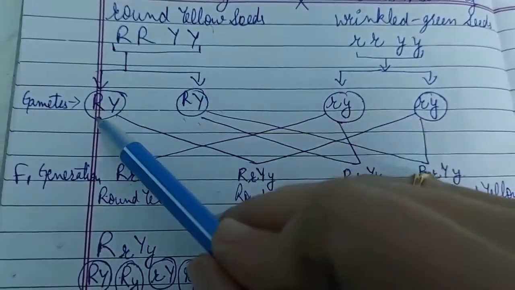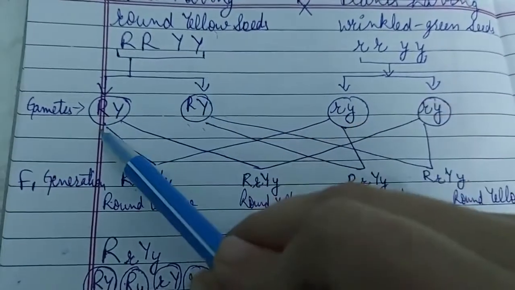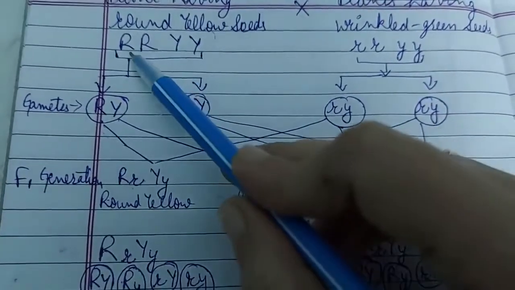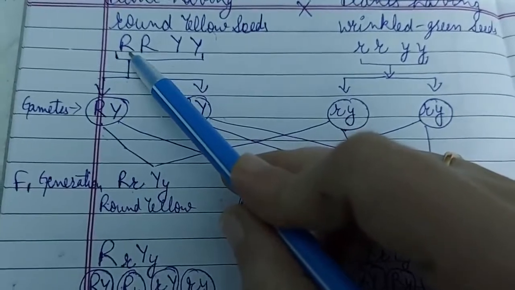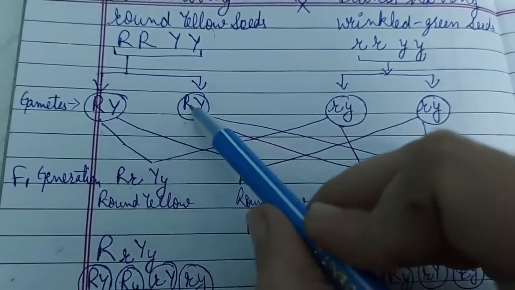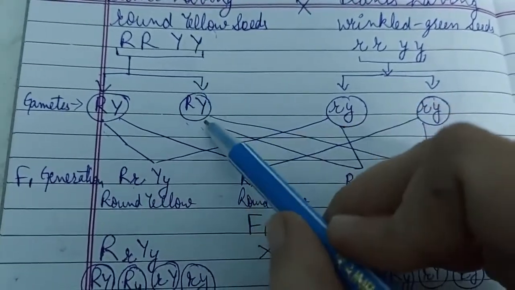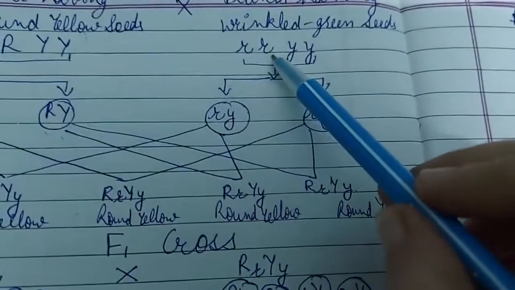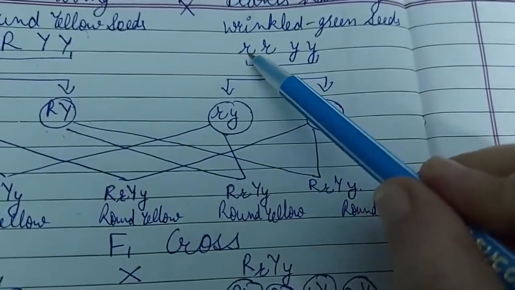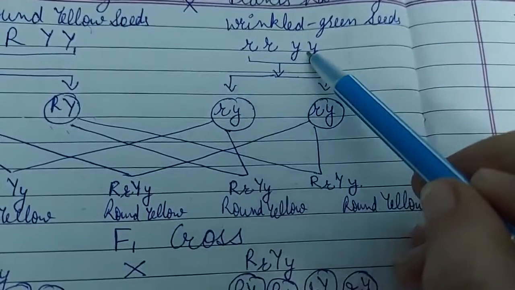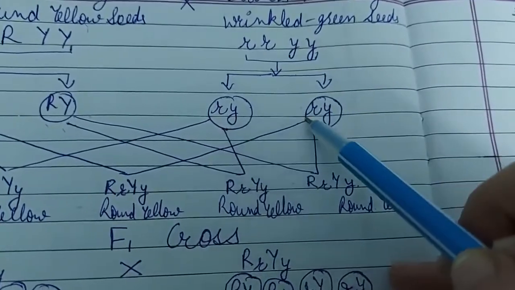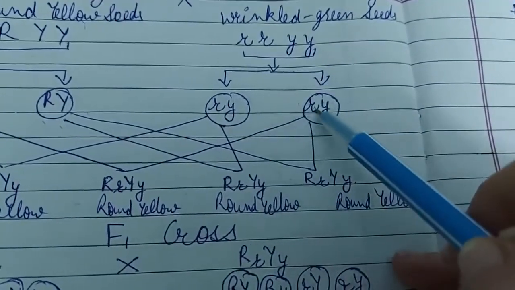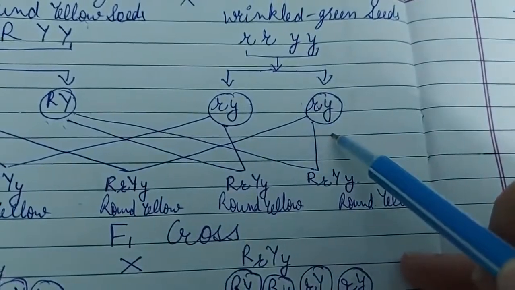For round R, for yellow Y. Same is here. For shape R, for color Y. And there we can see for shape small r, for color small y. And same is there for shape R and for color Y.